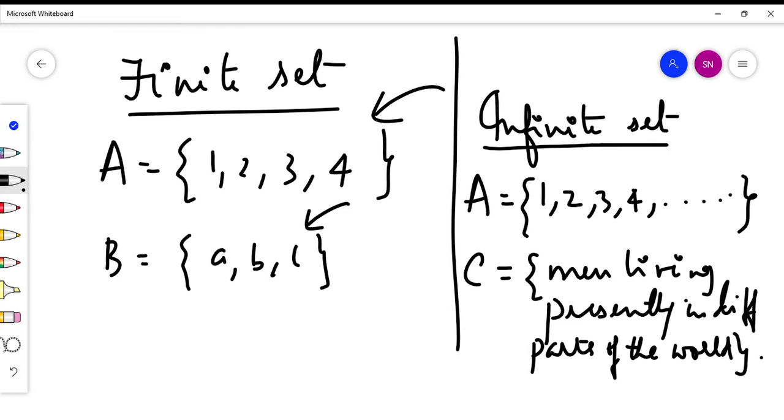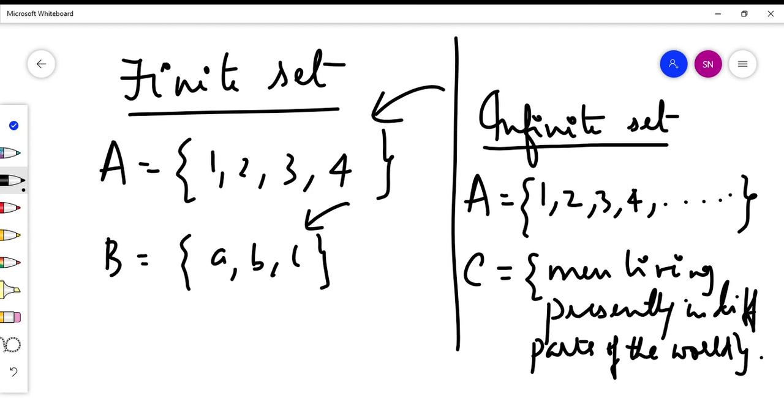Yes, there is something called a census, but when I need an apt number of how many men are living in the world, even if I do a census, a few people will be left out in our locality itself. When I talk about the entire world, it becomes a very, very huge number. Therefore this also becomes an infinite set. Any element inside a set which cannot be counted belongs to an infinite set.